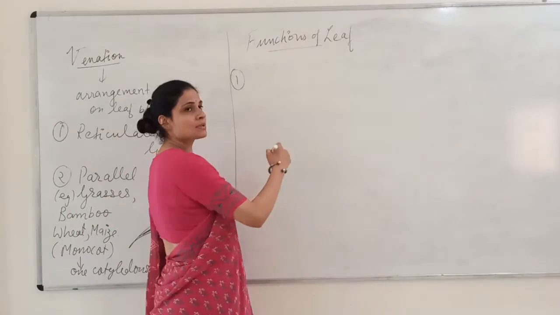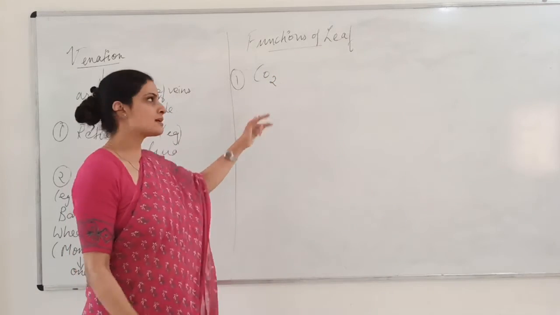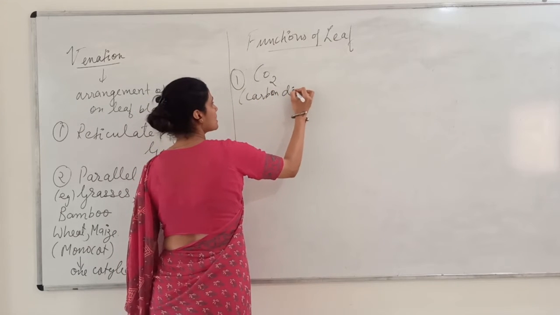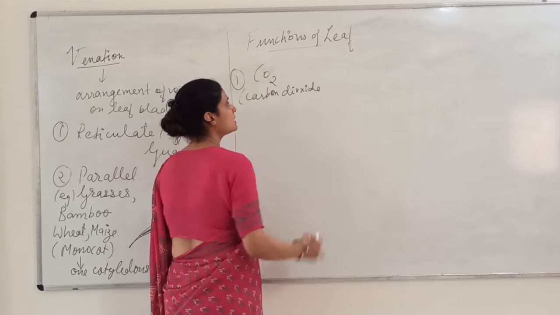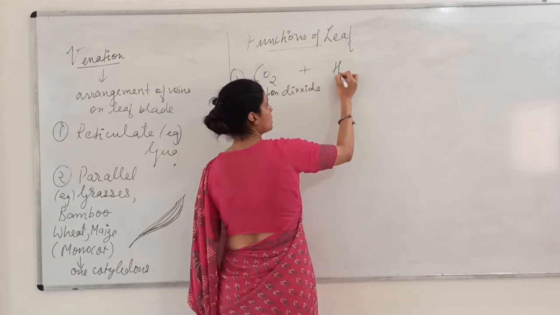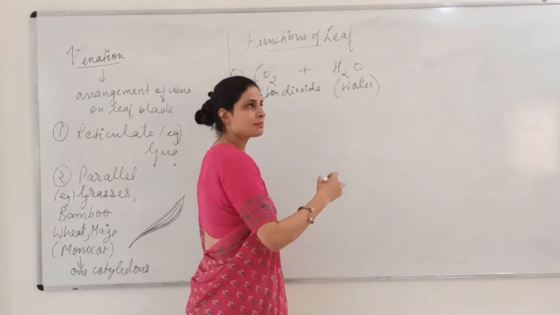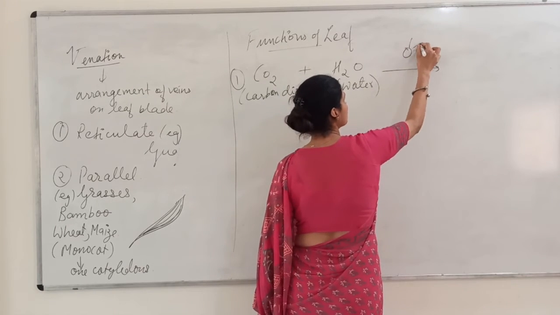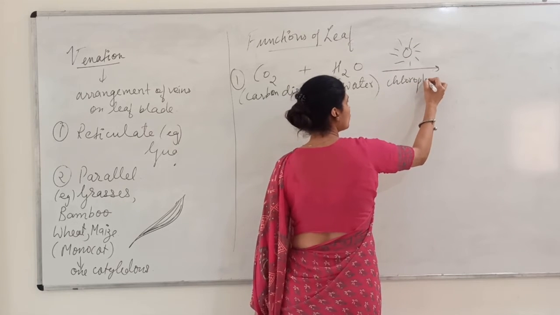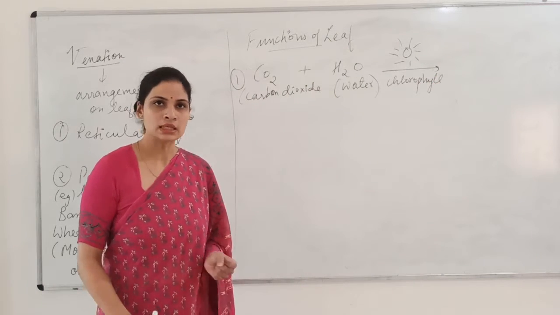So what happens in photosynthesis? CO2 is carbon dioxide, the gas which is present in the atmosphere. This reacts with water, H2O, in the presence of sunlight and chlorophyll. Chlorophyll is the green pigment which imparts green color to the leaves.